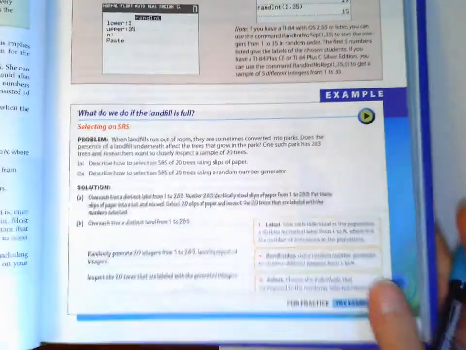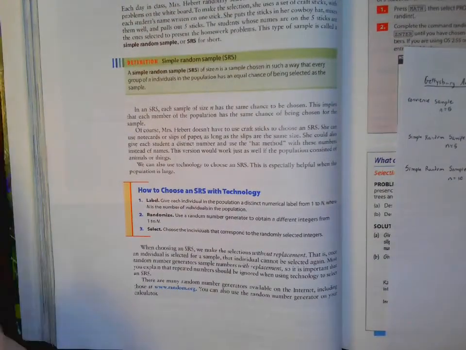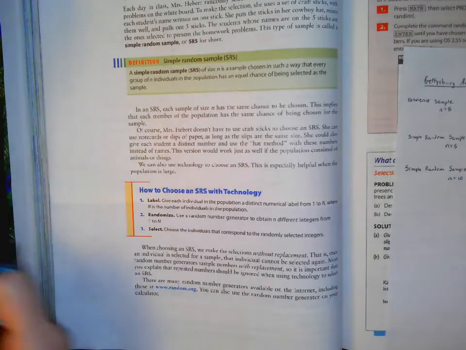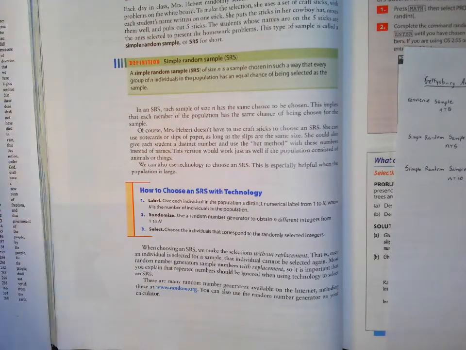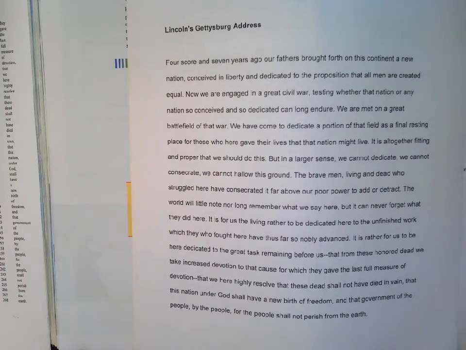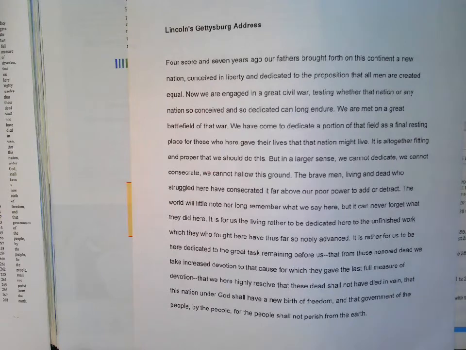Okay, so our simple random sample the other day, if you remember with the Lincoln address, we had first started out with the address, right, the Gettysburg Address, and I asked you to just randomly pick five words in there and find how many letters are in them and find the mean.